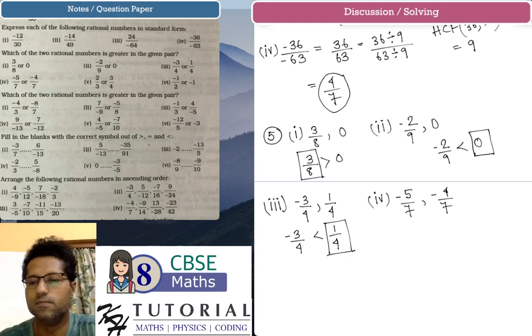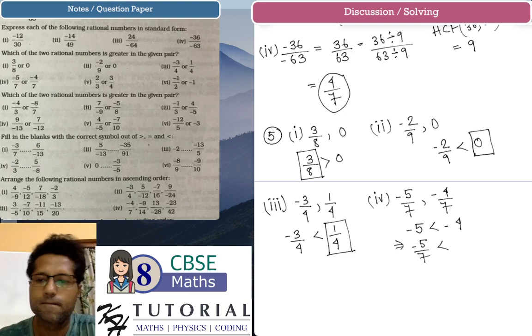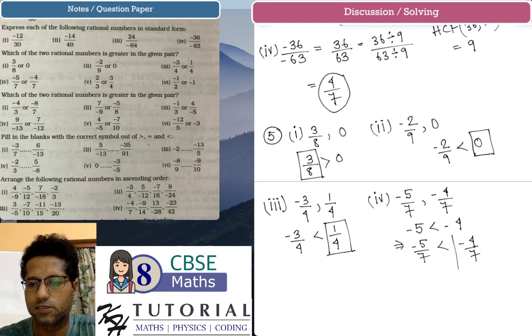Since minus 5 is less than minus 4, this implies that minus 5 by 7 is less than minus 4 by 7. So the greater rational number is minus 4 by 7.